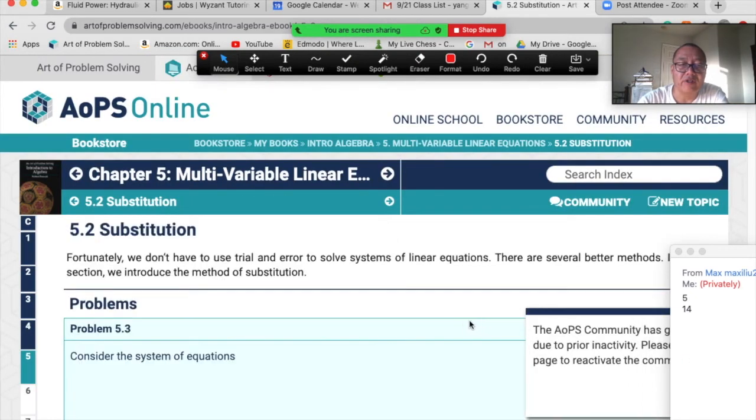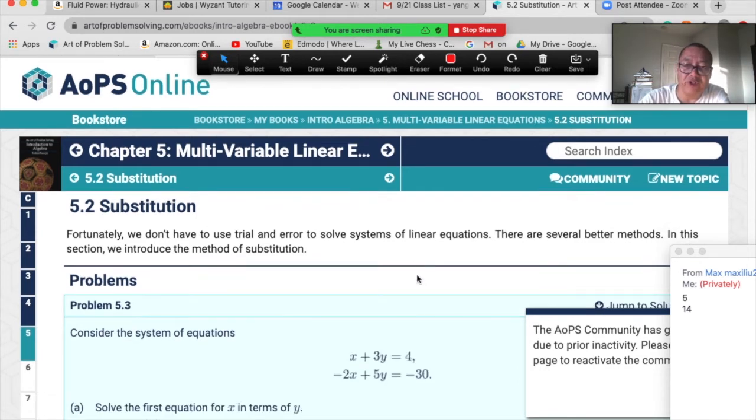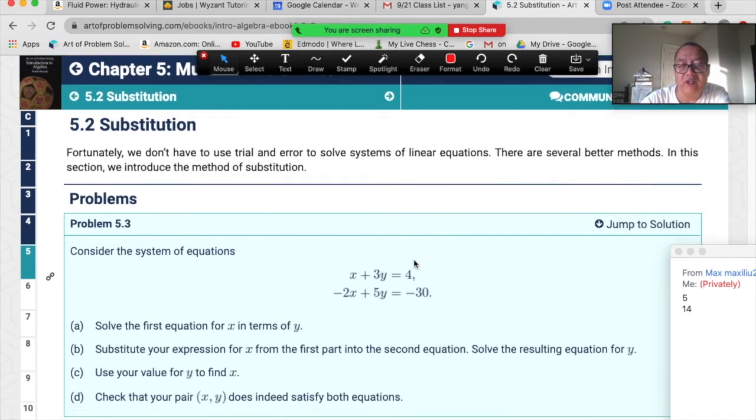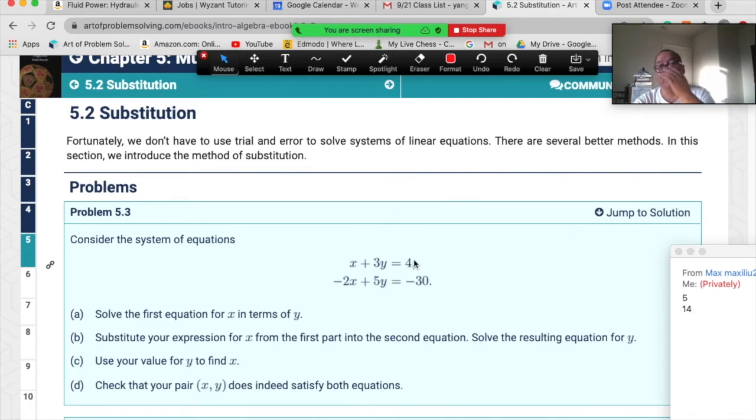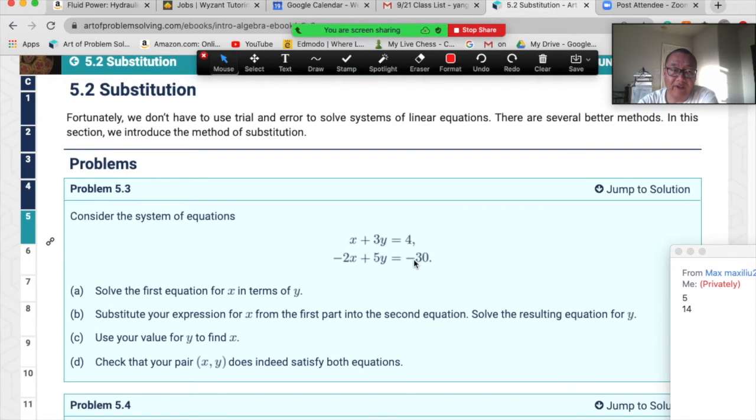This section will teach you how to solve the equation. Okay, don't need to try. You can solve this one immediately. This strategy is called substitution. Substitution means you get one variable from one equation, then you plug that variable into another equation.